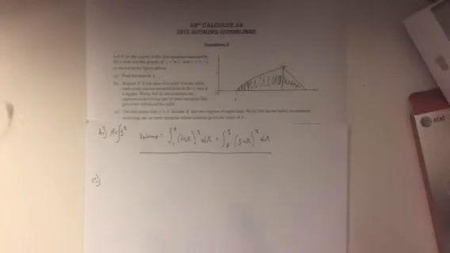Alright, so for our last part, part C, it tells us that the horizontal line y equals k divides region R into two regions of equal area. And we have to write, but not solve, an equation involving one or more integrals whose solution gives the value of k.